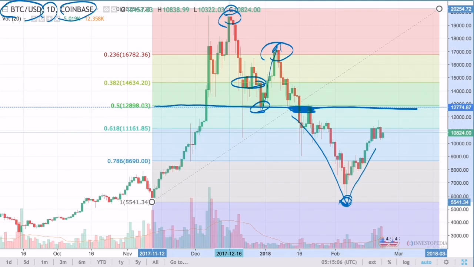And then on the way up, these Fibonacci retracements, which once were support, are now resistance. So this level here, which held as support at 61.8% at about 10,800, then became an area of resistance. You'll note that these Fibonacci retracement levels work not only on the downside, but also on the upside as well. They serve as a resistance point.